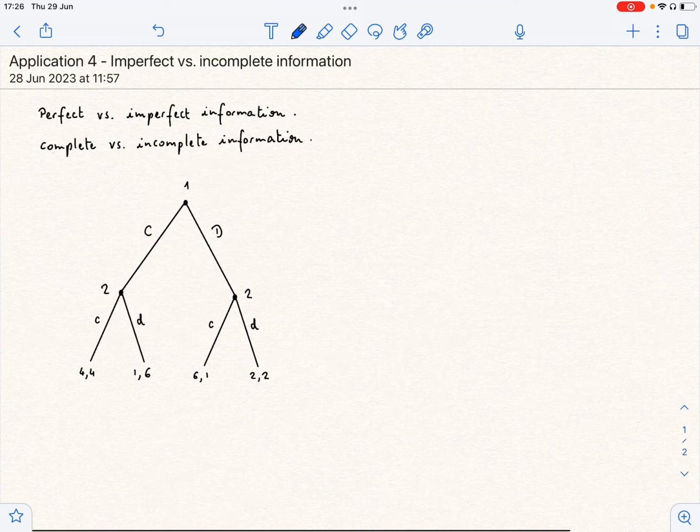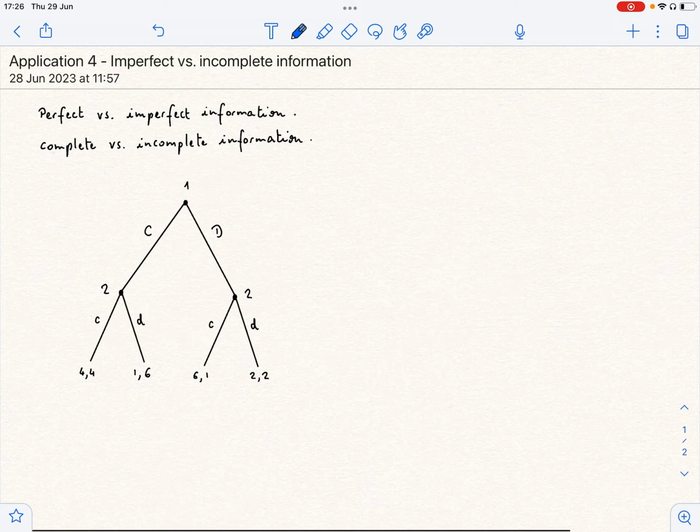So on the left, I drew a standard prisoner's dilemma in extensive form, but it's not so standard because the way I decided to model it, player 2 can see player 1's move before choosing whether to cooperate or deviate, right?